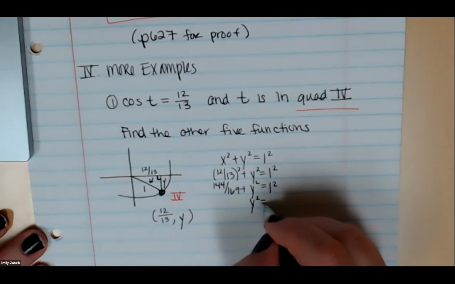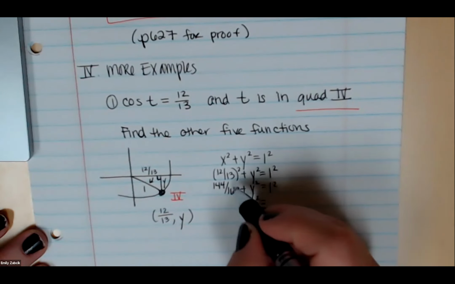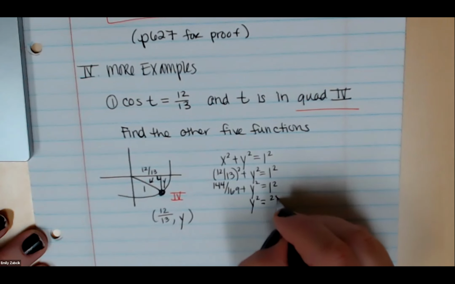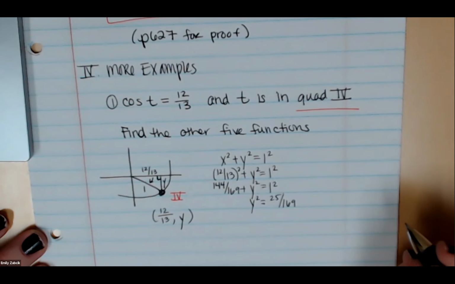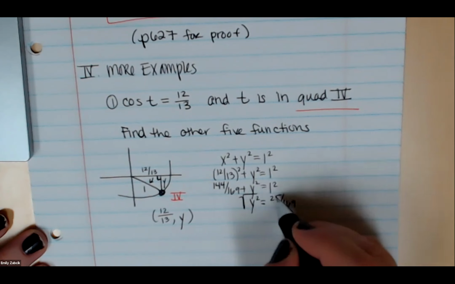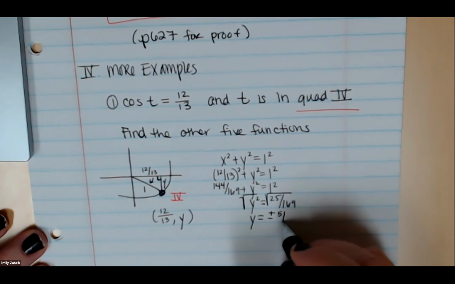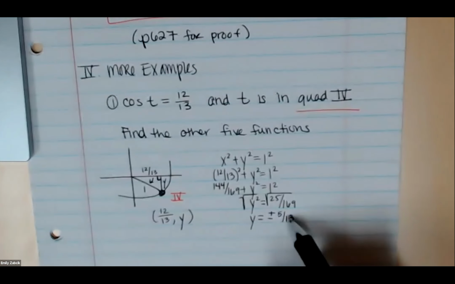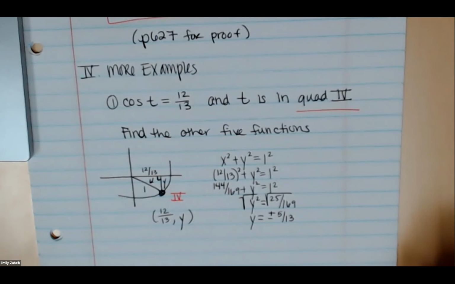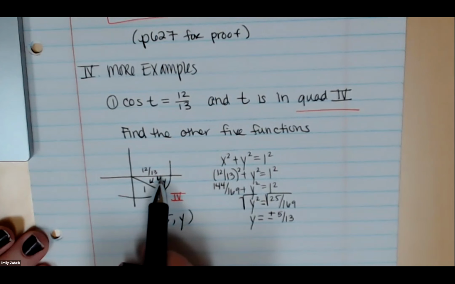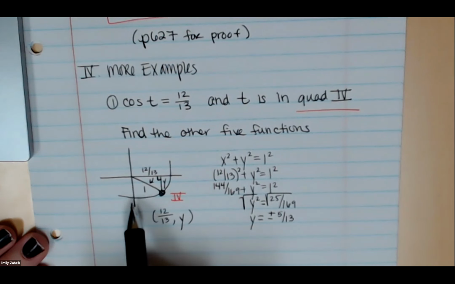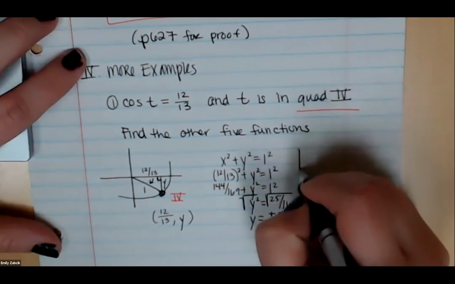I get y squared equal to 1 minus this, so that gives me 25 over 169, and square root. So y equals plus or minus 5 over 13. So when I square root, I do get two answers, plus or minus, but I already know that we're in the fourth quadrant. My y values down here are negative, and so negative 5 over 13 is what I'm going to be using.